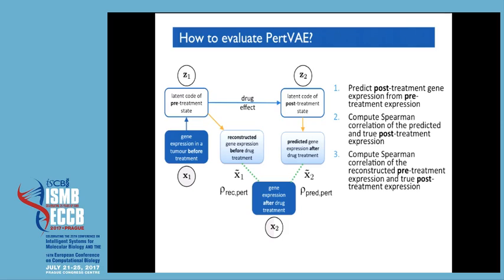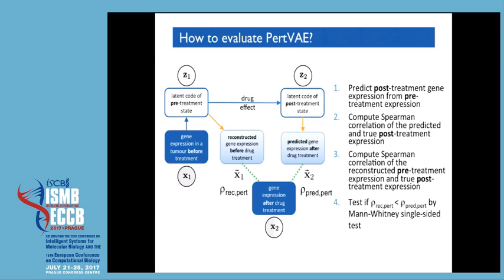So what we wanted to check is whether this drug effect function is really doing something reasonable. We compared to the correlation of just the reconstructed pre-treatment state to the true post-treatment gene expression state. And if our correlation with the predicted one is higher than the one with just the reconstructed pre-treatment state, then our drug effect function is actually moving in the latent space in the right direction.